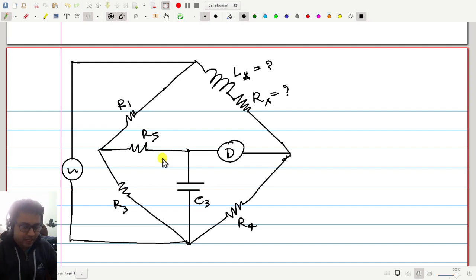Books and other sources also state that for some particular range of Q factor, Maxwell's bridge or the other bridges we studied earlier are difficult to balance and take more time.